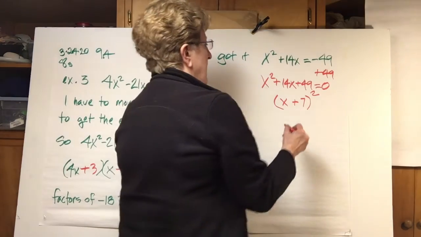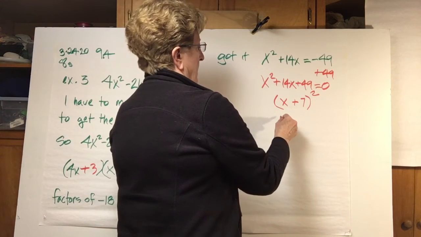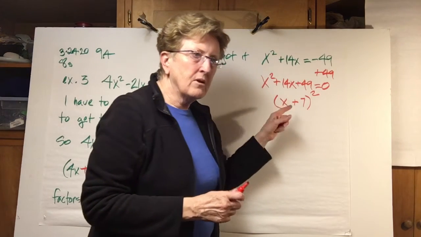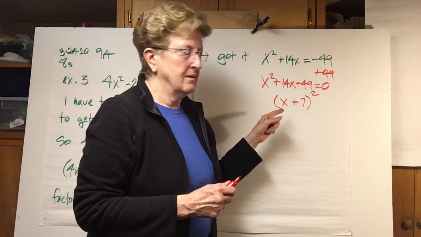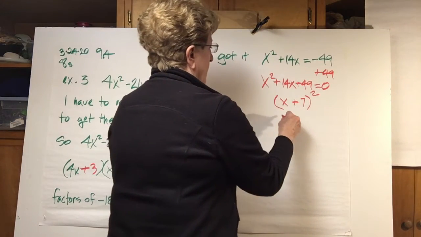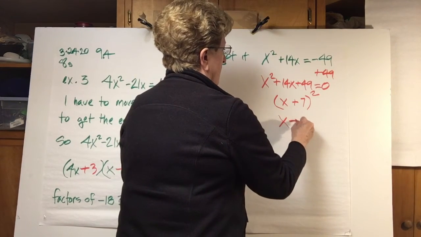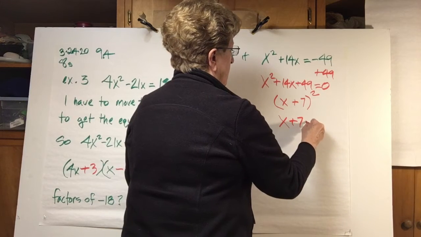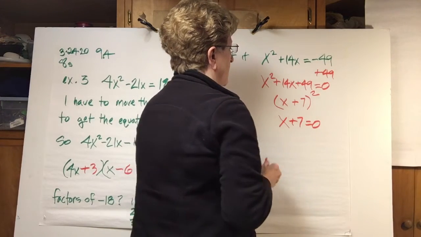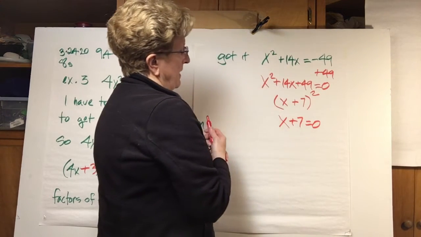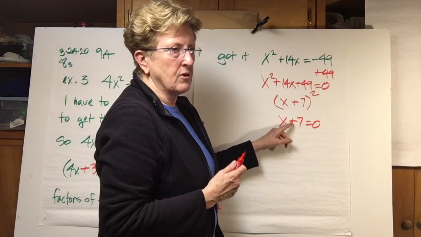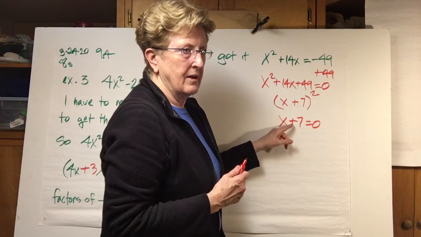Ha-ha! Now, where would I cross the x-axis here? Each one would be x plus 7 equals 0. I guess that means that I would cross the x at negative 7.